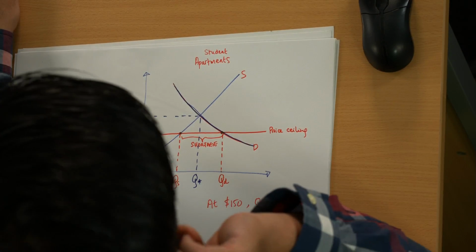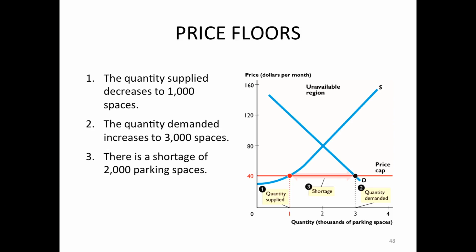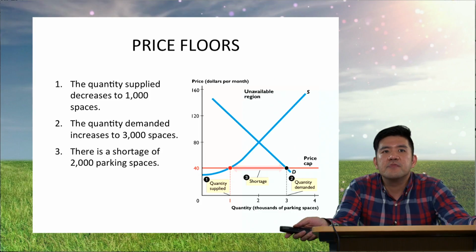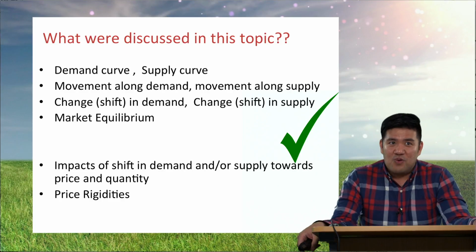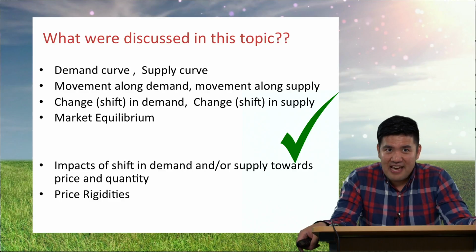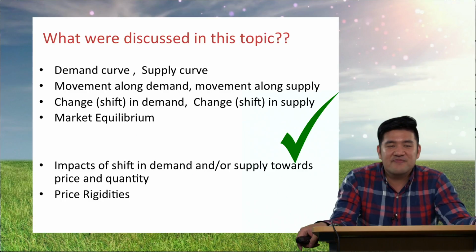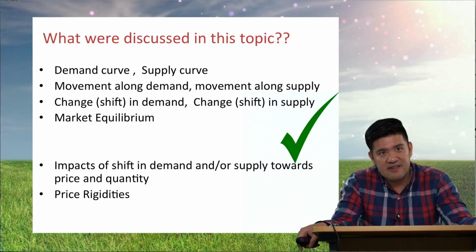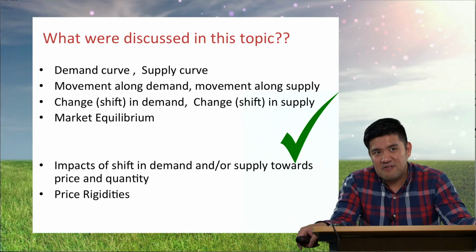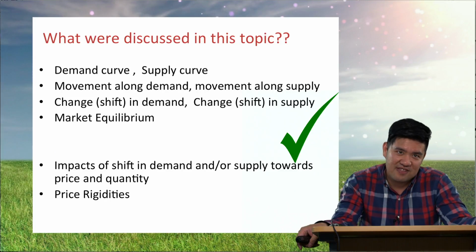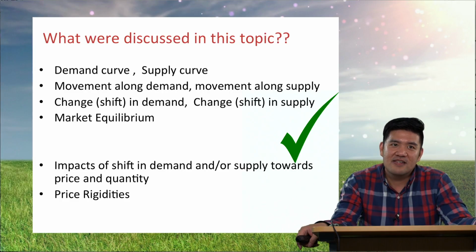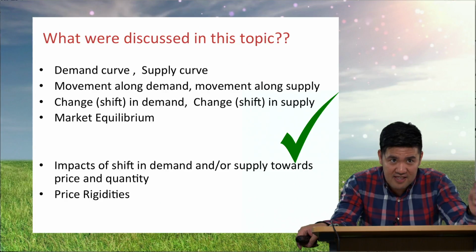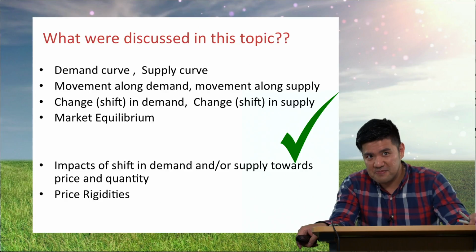Good. Switch back to the PowerPoint presentation. We are almost there, guys. Yes, we are at the end. What have been discussed in this topic? We talked about the demand curve and supply curve. You understand the significant difference between movement along and shifting, right? Then we brought the two forces together, demand and supply, to reach the market equilibrium.